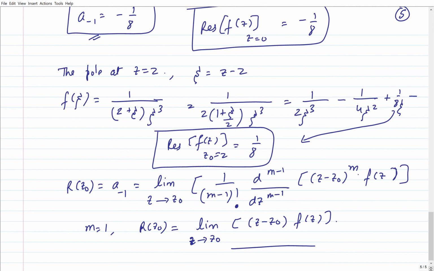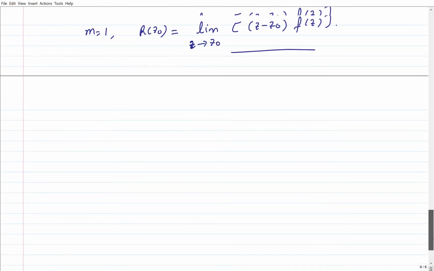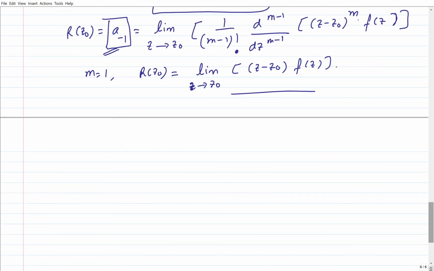Okay, so this was about the residues. It's about expressing in terms of the Laurent series and finding the coefficient a minus 1. That is all there is to residues. This was crucial for us to build up the residue theorem. So in this lecture, I'm just going to state the residue theorem.